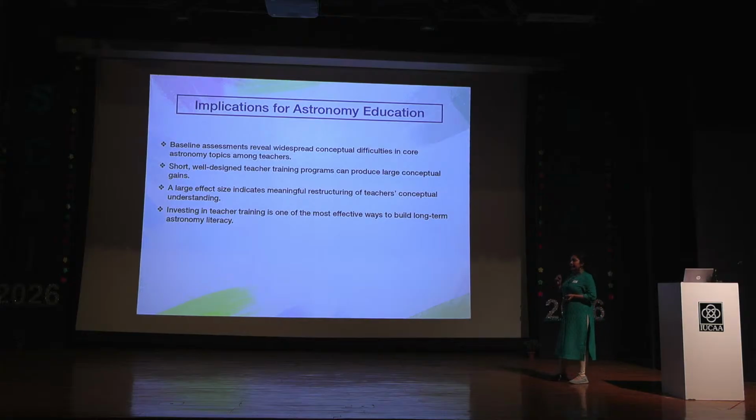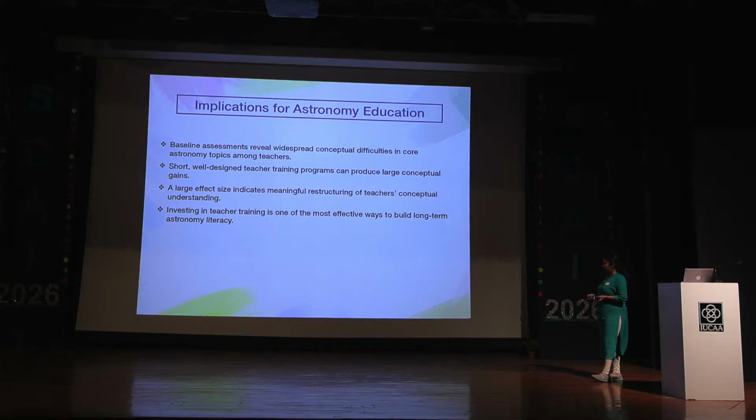So we really need well-designed teacher training programs which show that it can produce large conceptual gains in teachers, and so this can propagate to a large number of students later on. So investing in teacher training is one of the most effective ways to build long-term astronomy literacy. Thank you.